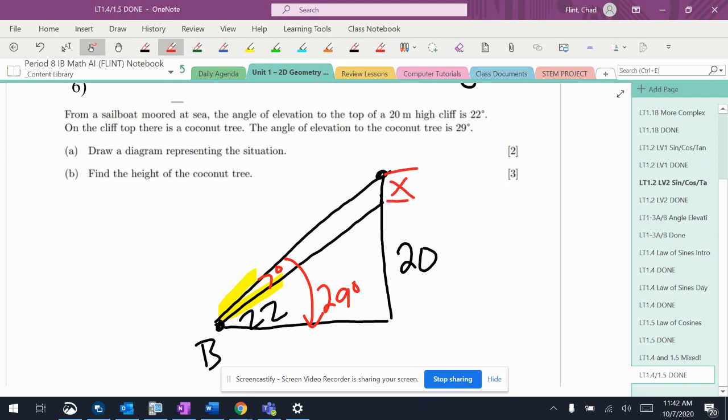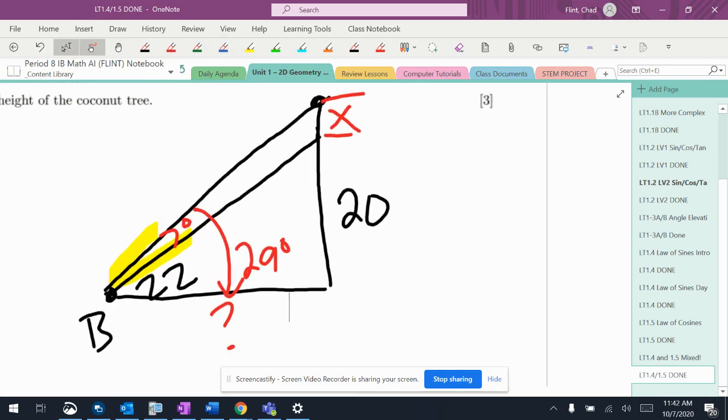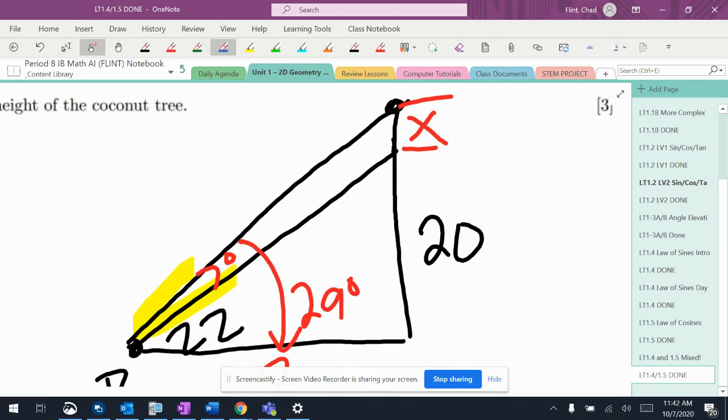Now, there's a few different ways to do this. I could find this side right here, and then I could do a second part to find the x up there. And I could also play around with this so that I know I can find this angle up here with a blue dot that is put in there.